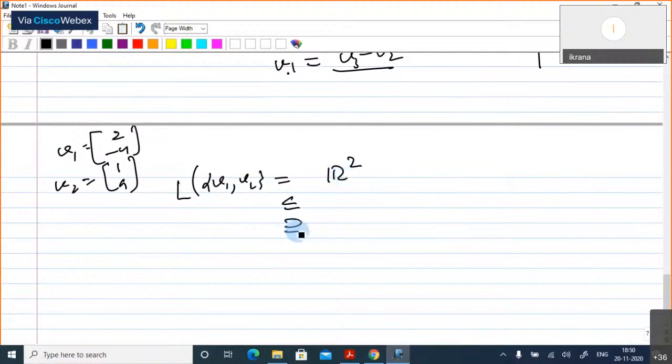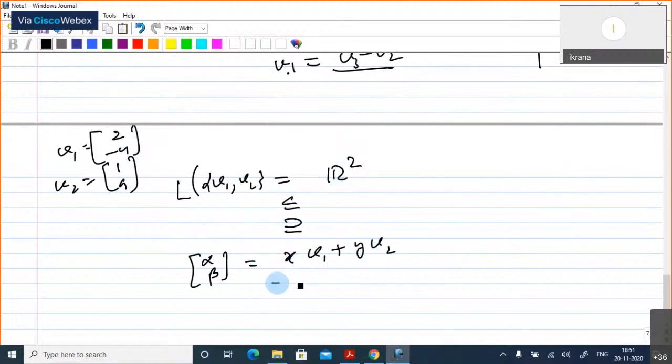To show it the other way around, let's take something (alpha, beta) in R2. So I want (alpha, beta) equal to x times V1 plus y times V2. If I can do that, then since (alpha, beta) is arbitrary, any element in R2 will be a linear combination of V1 and V2, so we'll get an equality here.